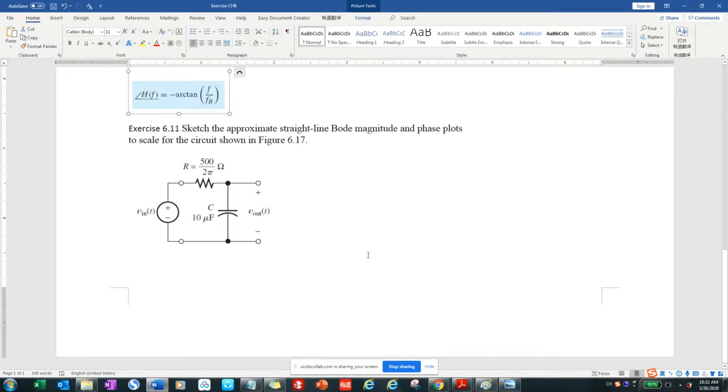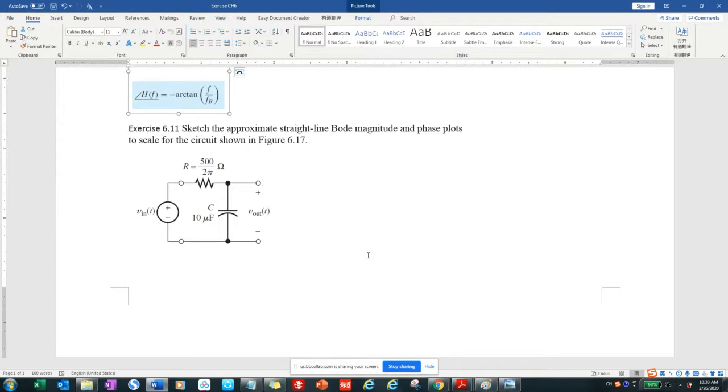For the RL filter, the resistor and the inductor connected in series, that is also a filter. If you get the output from the inductor, you will have a high-pass filter. If you get the output from the resistor, you will get the low-pass filter.